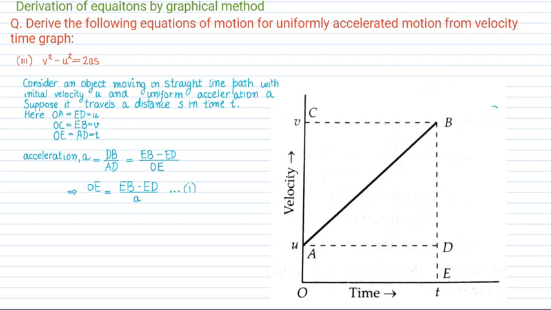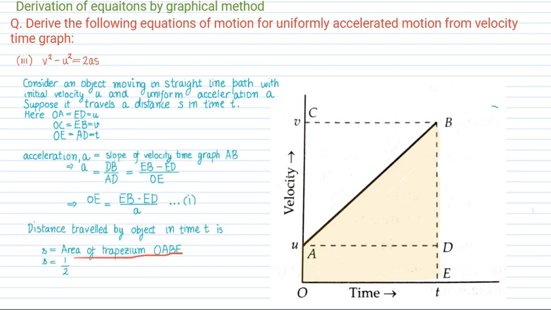Fine. So in my last class, I showed that the distance traveled in the velocity time graph can be calculated by calculating the area of this trapezium. Fine. So can you see this yellow trapezium? The trapezium OABE represents the distance traveled by the object in time t with the change of the velocity from u to v.